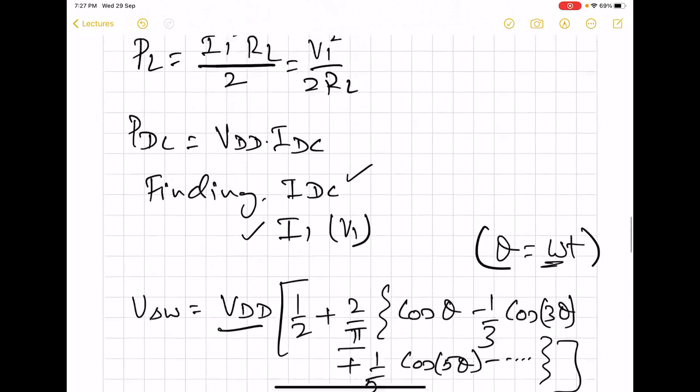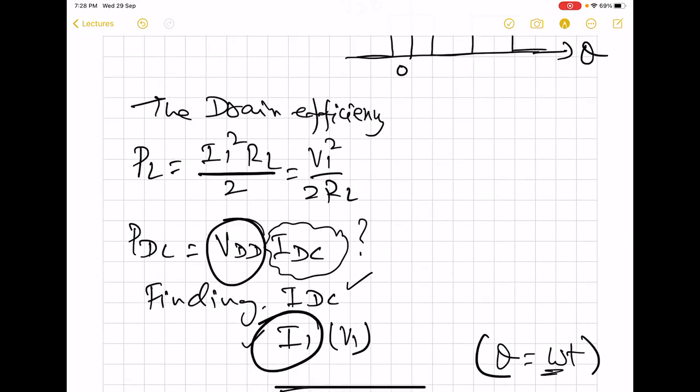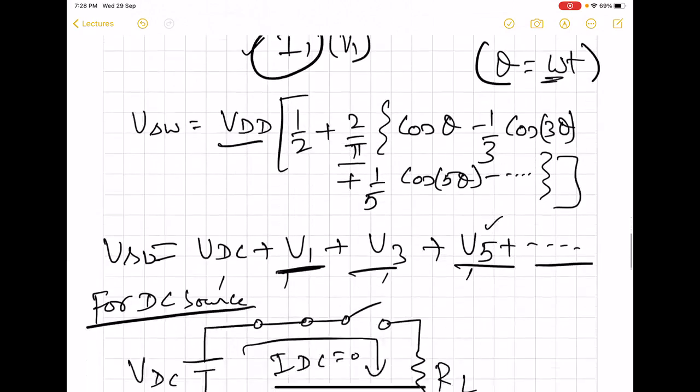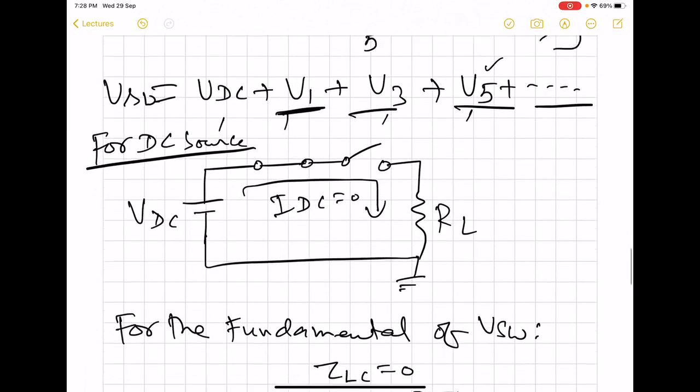So for finding efficiency, we needed to know the I1, which we have already found out, and VDD is anyway known. So what needs to be found out is this part, IDC. For the DC equivalent circuit, we found that there is going to be no IDC through RLC, right?